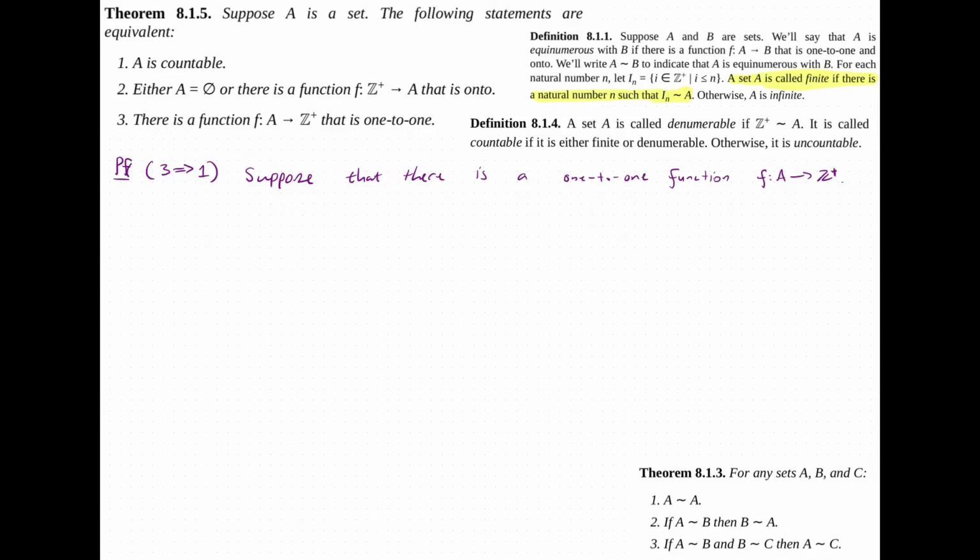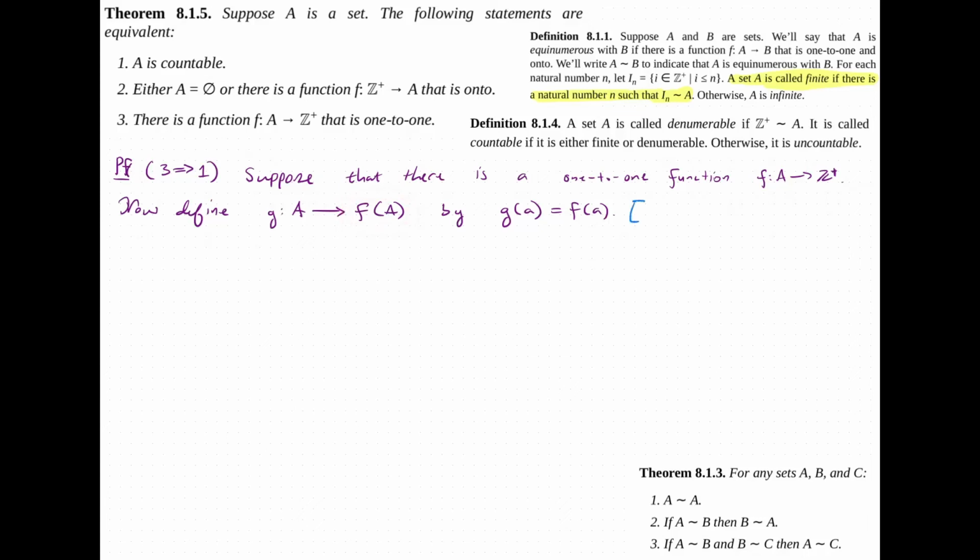So now define g from A to f of A, in other words, the range of A under the function f, by g of a is mapped to f of a. So all that we are doing is changing the set of outputs from the positive integers to the range.